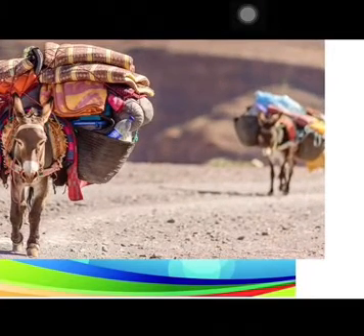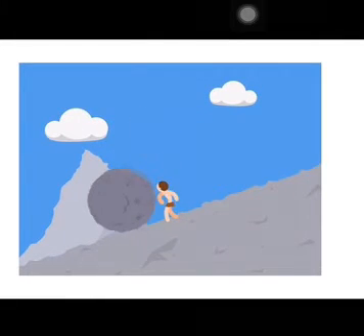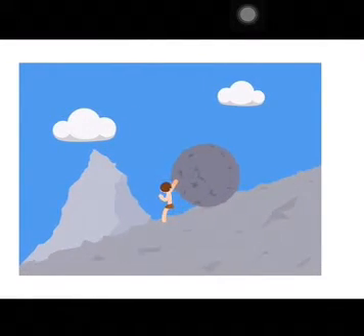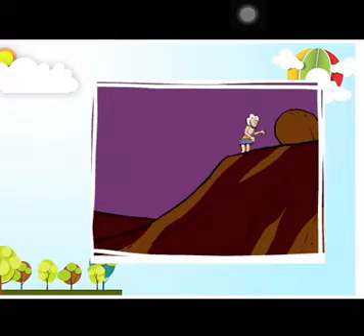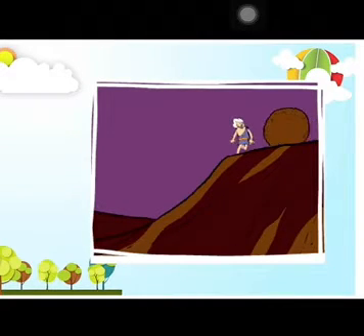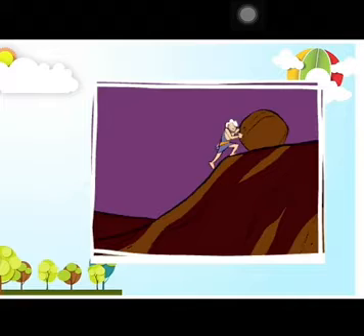Later, they observed the round shape, and thus the wheel was invented. In the beginning, it was made of stone and later of wood. This was the first scientific invention.